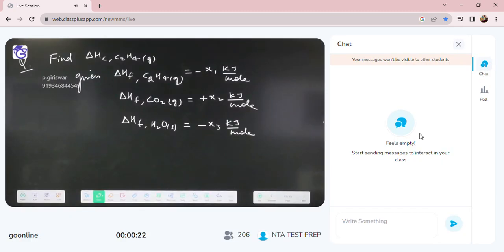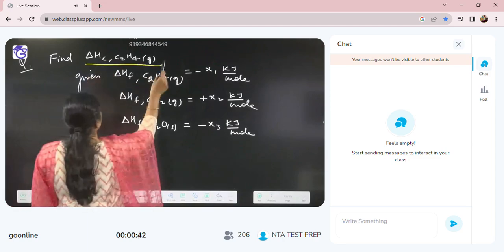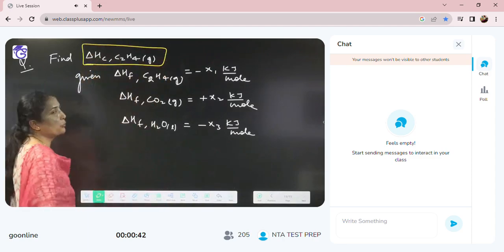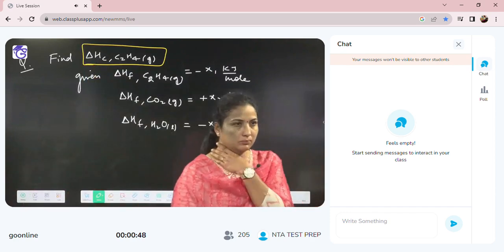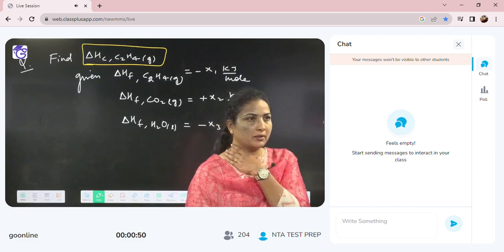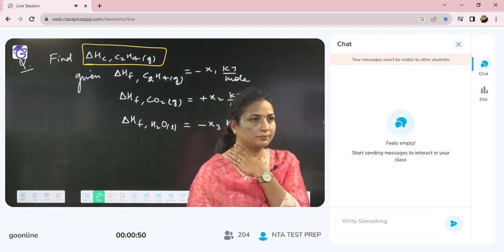and make sure that what is the way I have gone, given you the data. So this time you are going to write down the equation like this. Will you do product minus reactant or reactant minus product? Tell me. Will you do product minus reactant or reactant minus product?